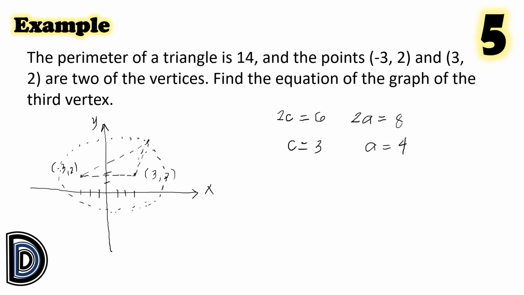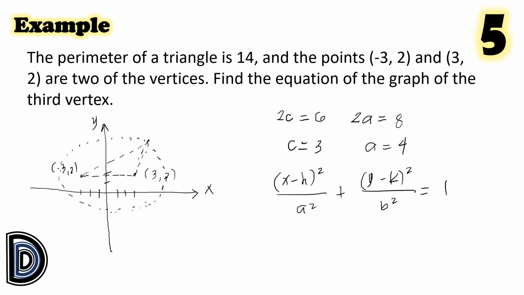From the trace curve by the third vertex, we have an ellipse that has its major axis parallel to the x-axis. Hence, we're looking for the standard form of the equation of that ellipse as x minus h squared over a squared plus y minus k squared over b squared equals 1.